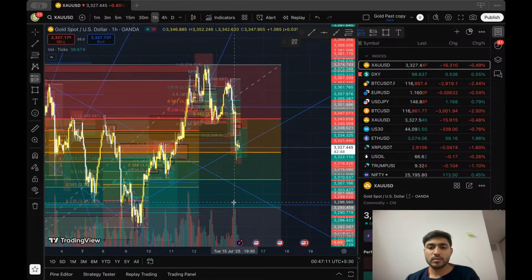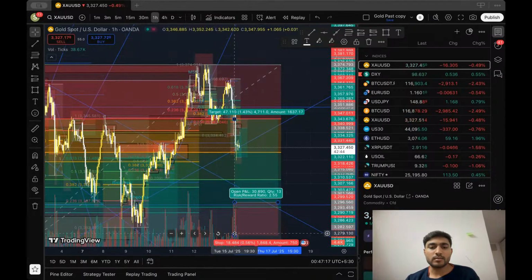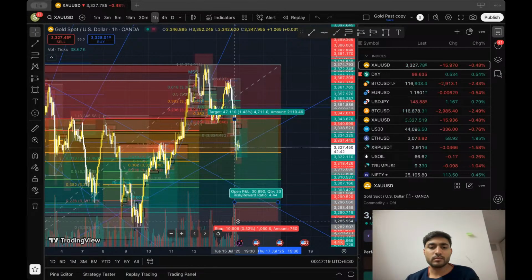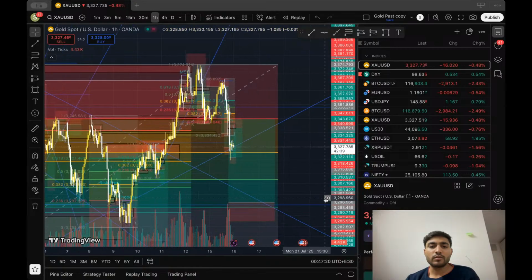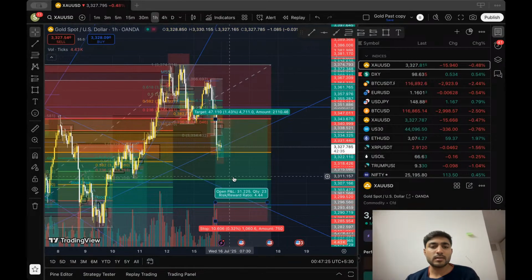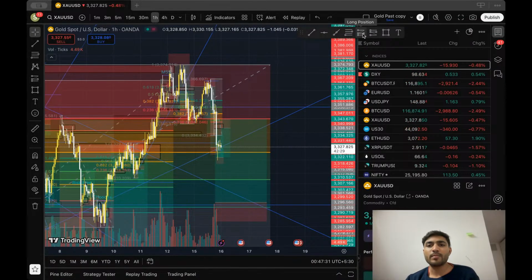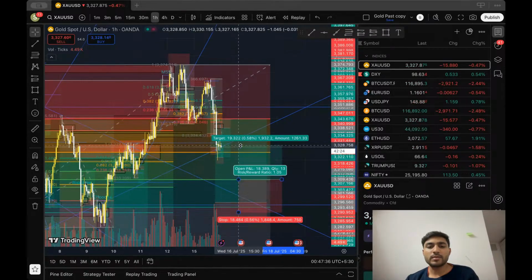This is 97. Okay, very high targets. I don't know if that will happen or not, but if it happens, that is it. There's a 50% here, which is untouched. So we could try buying. Maybe it will happen in the Asian session only. If that happens, this is the trade.